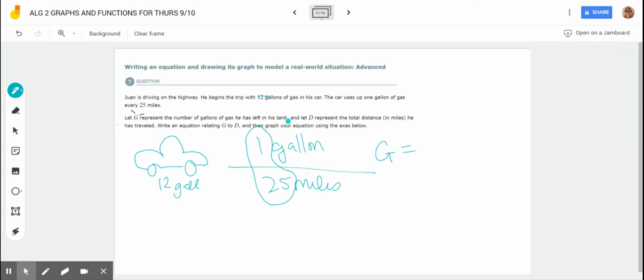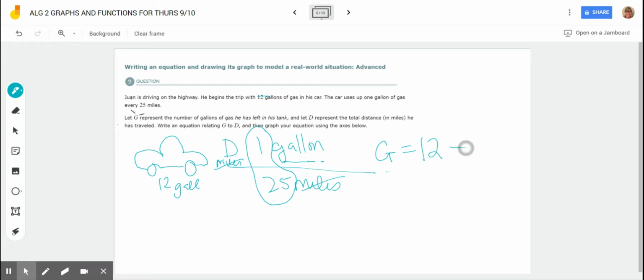All right, and if you're thinking about it, what we're going to do is put D on the top, because however far we've gone, we're going to divide it by 25 to figure out how many gallons we used. And those of you who are good at unit analysis, notice that D would be in miles and it would cancel out and you'd be left with gallons, which is what you want. Okay, so in this case, we're actually starting with 12.